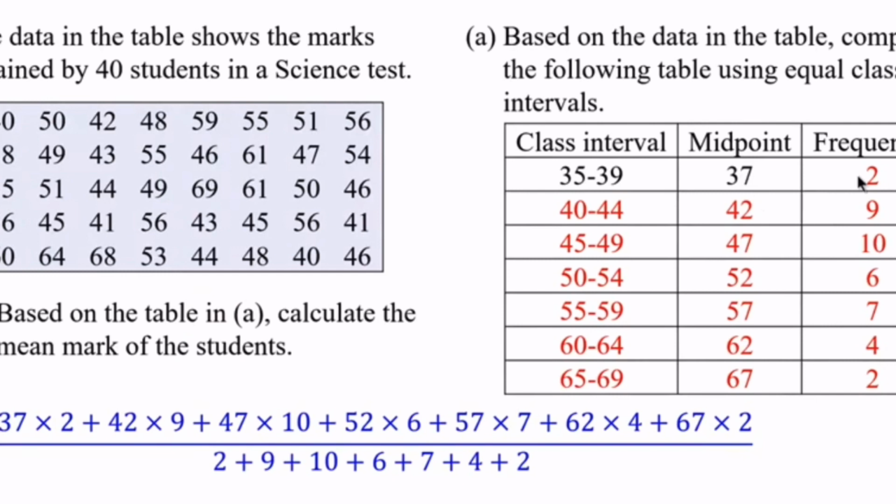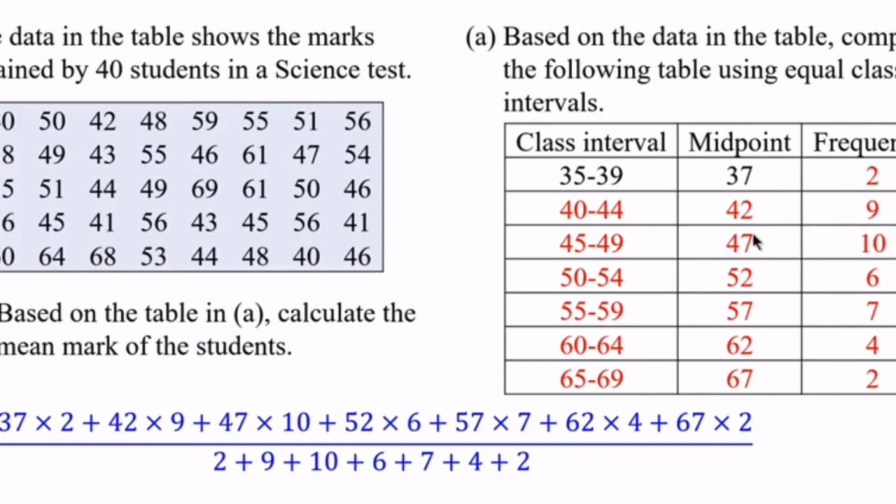We are going to multiply one by one, 37 times 2 plus 42 times 9, and then we will plus 47 times 10 for the class interval 45 to 49.